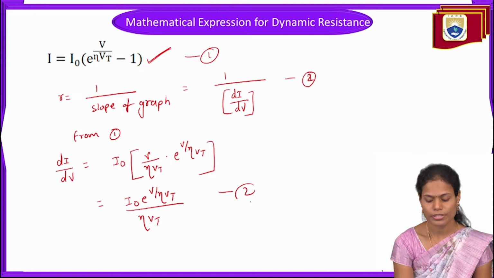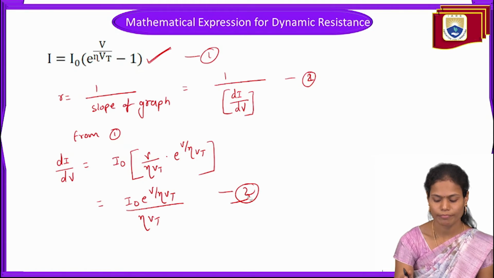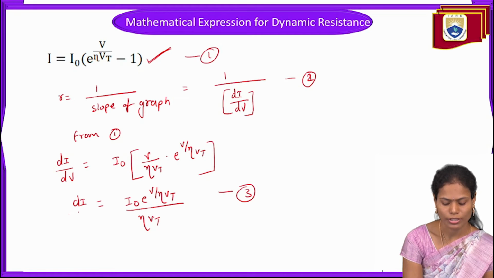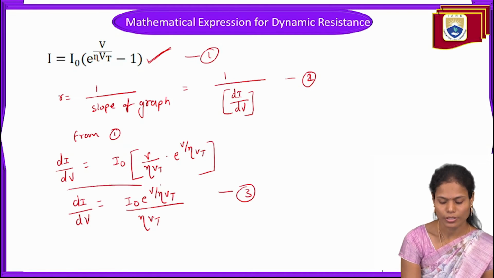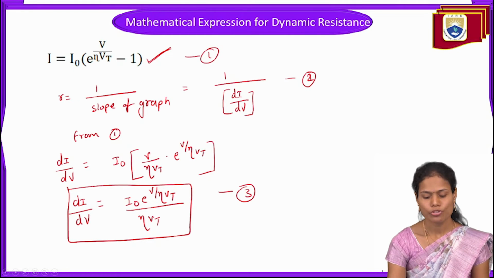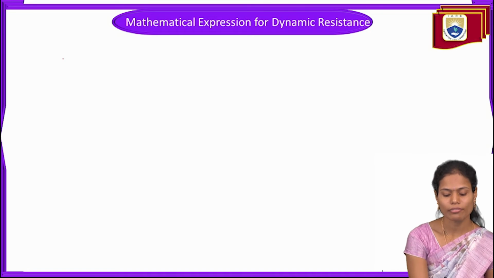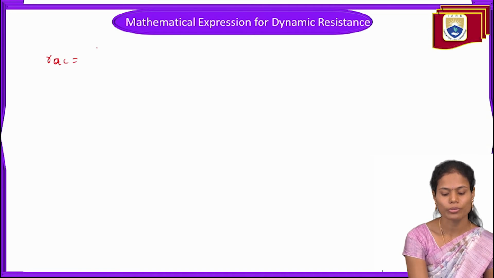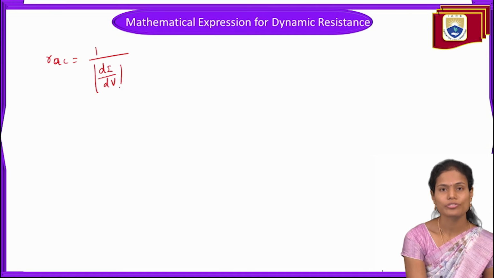So this is the third equation, that is the value of di by dv. Now from this I can write the value of dynamic resistance, RAC, equal to 1 by di by dv. That is the slope.